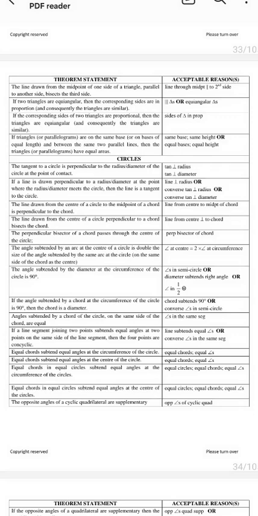It's the seventh last row from the bottom. Okay, that's where angles in the same seg as a reason is.